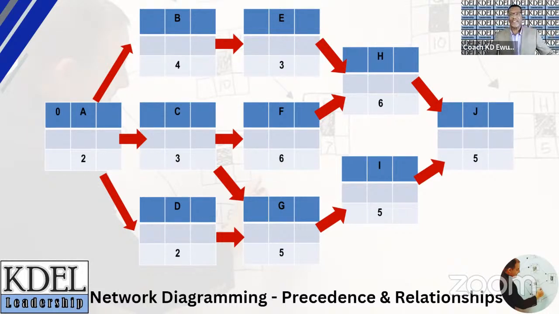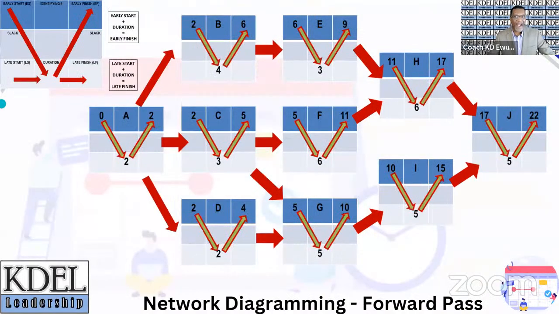Once you understand this, we can go on to our first steps in calculating slacks, which involve forward and backward passes. The forward pass takes us from the first activity to the last, from the left to the right. I want you to pay particular attention to the green triangles, to the green arrows that form a triangle in each box.